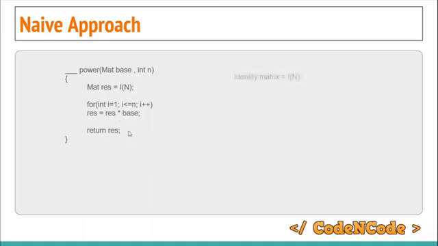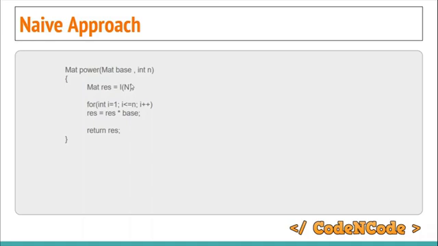Of course the return type of this would also be a matrix. So this is how we would calculate base raised to power n, where base is actually a matrix.